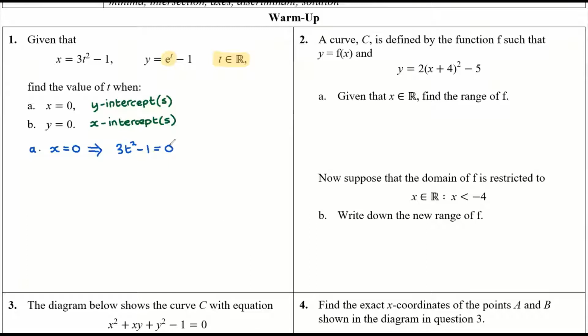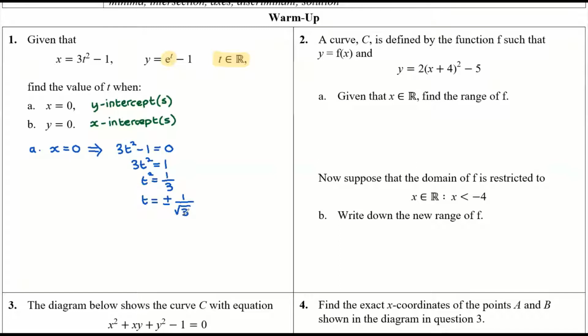So if we rearrange this, we have 3t squared is equal to 1. So t squared would equal 1/3. So t would equal plus or minus 1 over root 3.